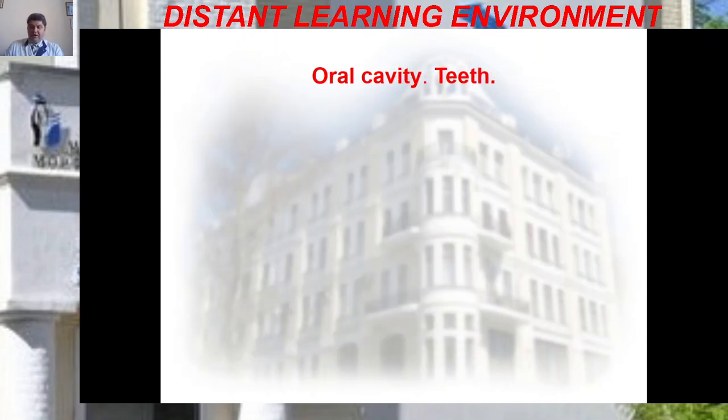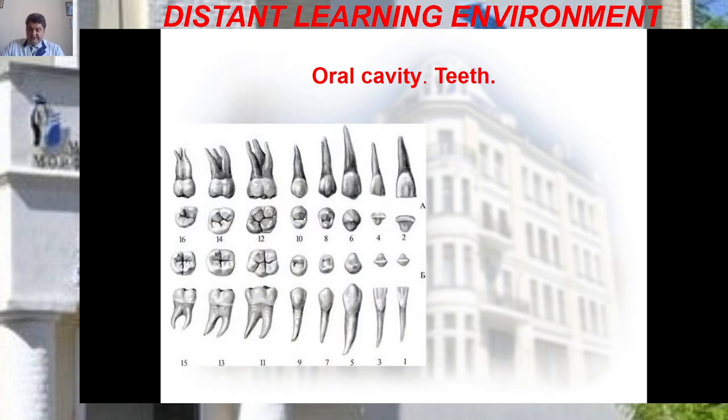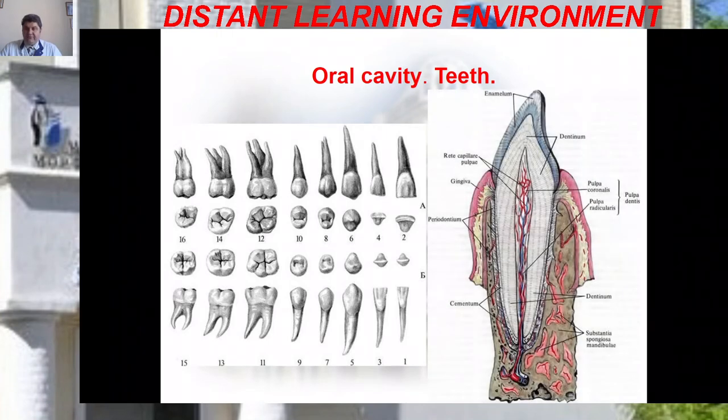Next, let's talk about teeth. Teeth or dentes are ossified papillae of the mucous membrane concerned with the mechanical treatment of food. Teeth have two generations: deciduous teeth or dentes decidui and permanent teeth.